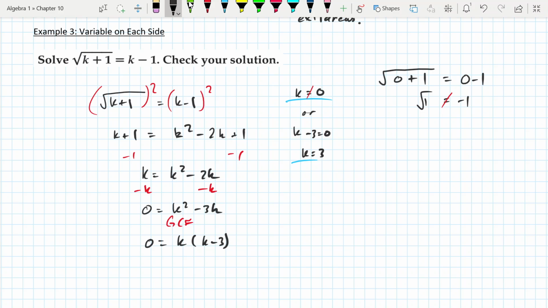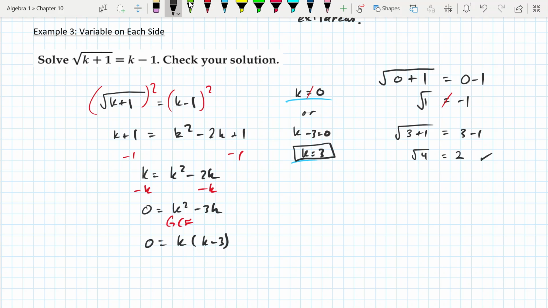Let's try it with the positive 3. The square root of 3 plus 1 equals 3 minus 1. Well, 3 plus 1 is 4. 3 minus 1 is 2. And the square root of 4 is positive 2, so that one works. So k equals 3 is our only solution. k equals 0 is extraneous.